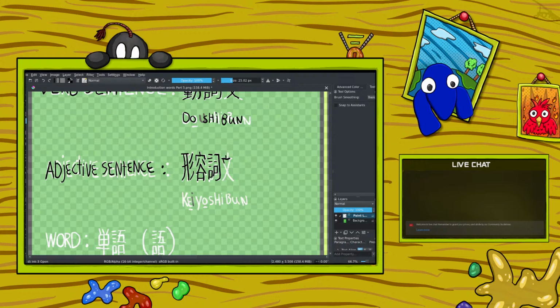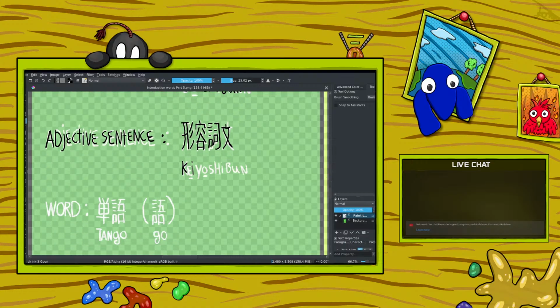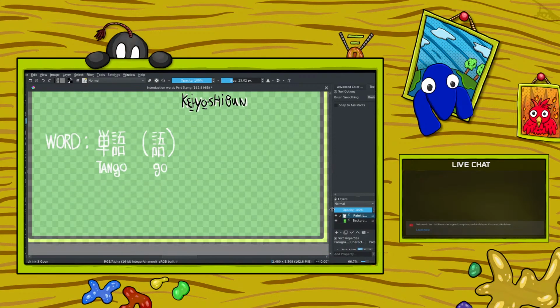And of course the bun again. Kiyoshiban. Then we have a word, which is tango or go.